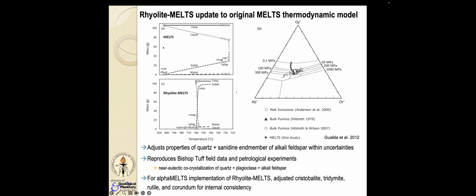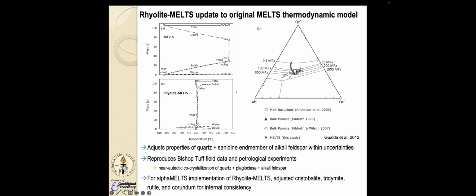And what they noticed is if you take MELTS and you simulate crystallization of the Bishop Tuff, you have this distributed crystallization interval that's like 100 degrees wide. And if you look at it in projected quartz-albite-orthoclase space, the Bishop Tuff composition is here. When you crystallize it in MELTS, you have feldspar on the liquidus, and so the liquid evolves toward quartz before it finally reaches a eutectic and crystallizes.